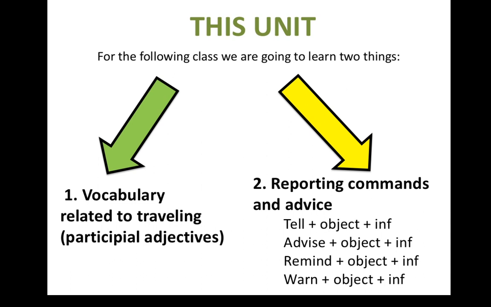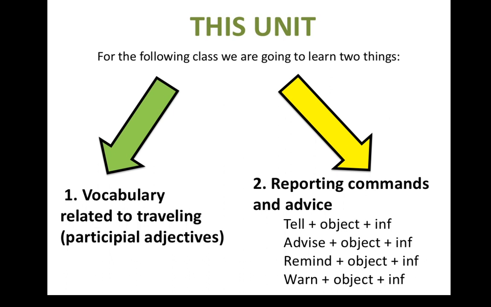And two, the second thing we're going to do is to talk and to learn how to use reporting commands and advice. You're going to tell other people some commands or advice that people have given you. So the objective of the class are these two things, and how are you going to do it?